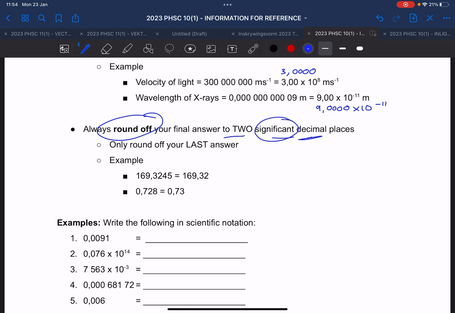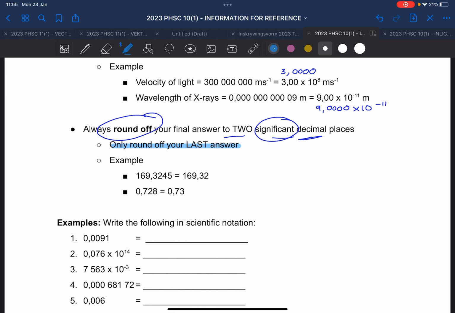Now, I'm going to explain what the word significant means in a moment. I just want to show you here. You only round off your last answer. So never round off halfway through a question or a calculation, only your final answer before you start with the next question.